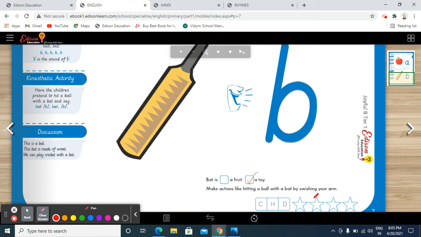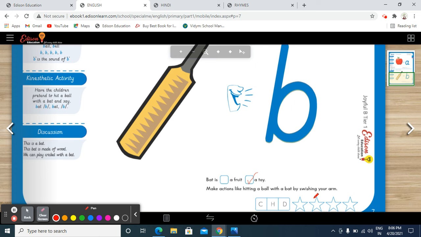So today we are done with both the letters of the first page, that is apple and beaver ball and beaver bat. I again request the parents to try to show real objects related to the letter which has been taught.